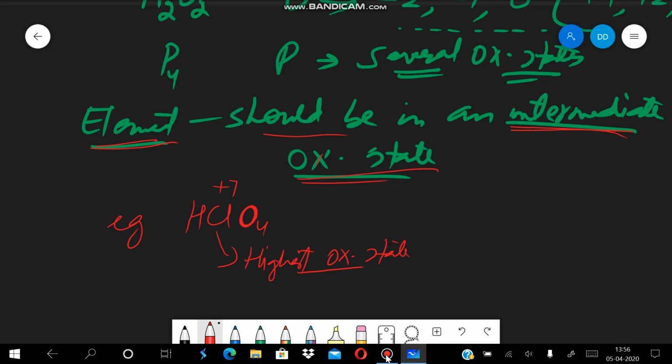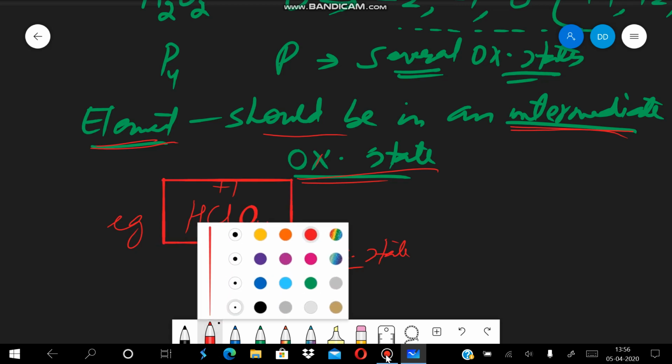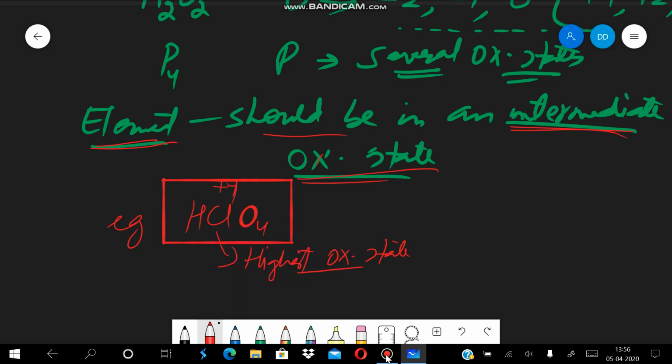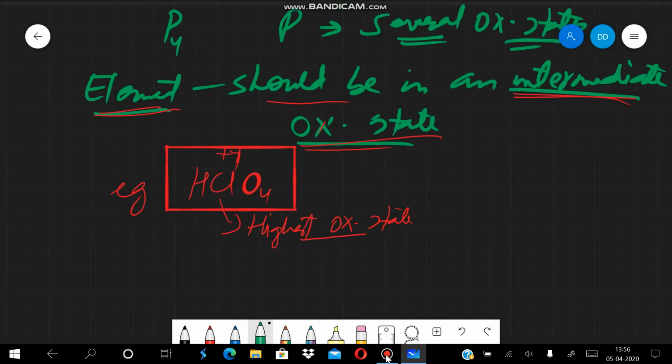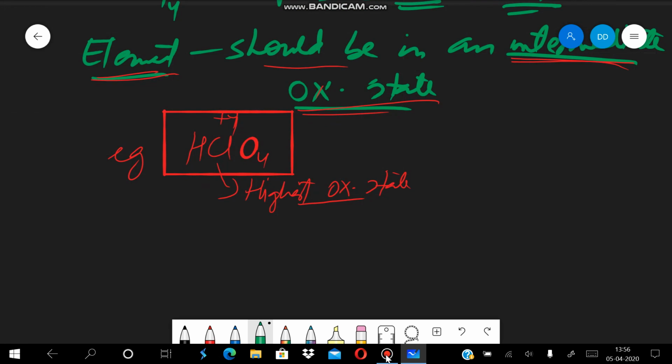It means if this molecule HClO4, which is commonly called perchloric acid, is undergoing a chemical reaction, the oxidation number of chlorine can show only a decrease, and it cannot show an increase in its oxidation state.